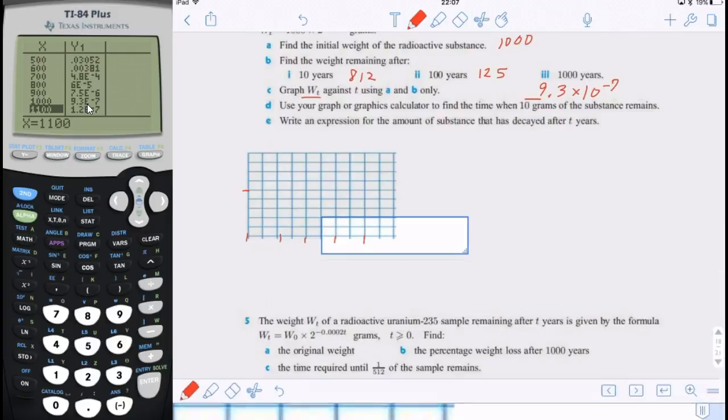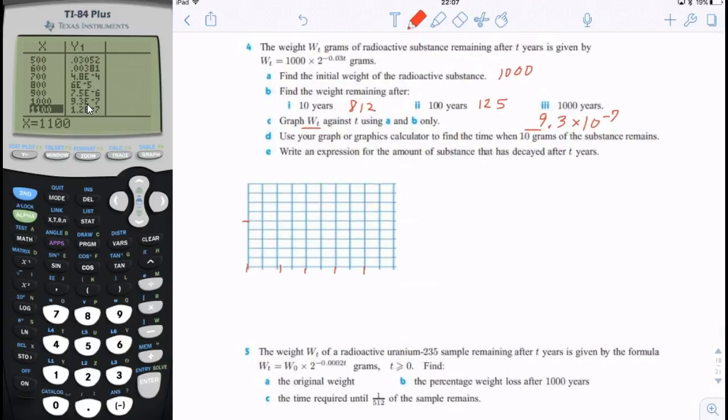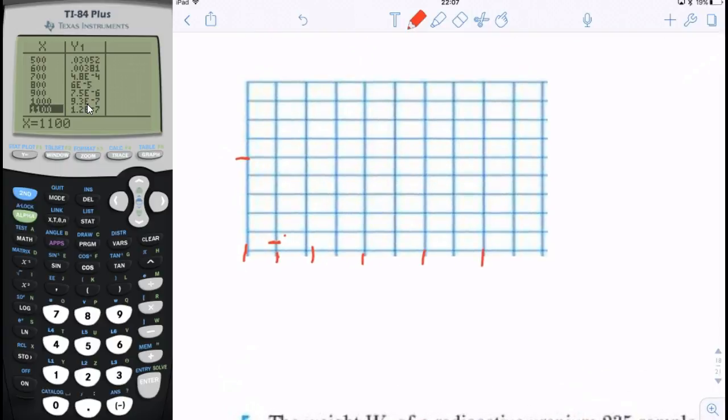And after 100 years, it's going to be 125. So 100 years is here, and 125 is going to be about here. So this graph is going to look very sharply dropping, something like that.